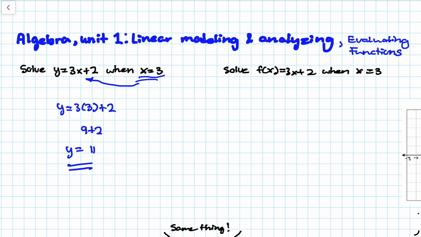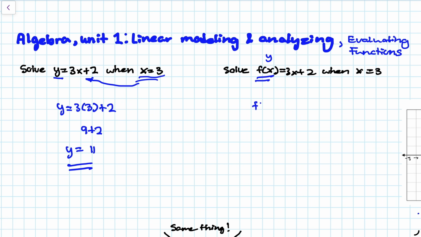Okay, what about f of x equals 3x plus 2 when x equals 3. So this f of x and y actually mean the same exact thing, and they are also asking you to do the same exact thing as well. So you can also consider this as a y as well.